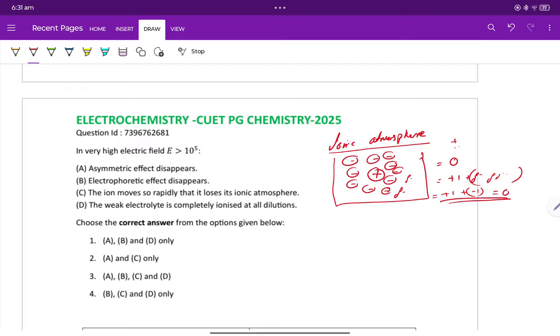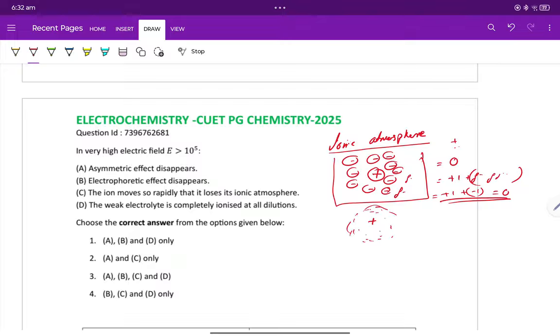Now coming to our context, what is the asymmetric effect? Asymmetric effect is the time delay whenever I am charging and discharging. Normally, without an electric field, it will be perfectly symmetric, like a sphere.